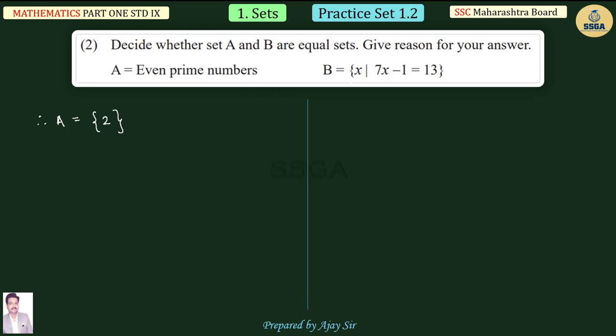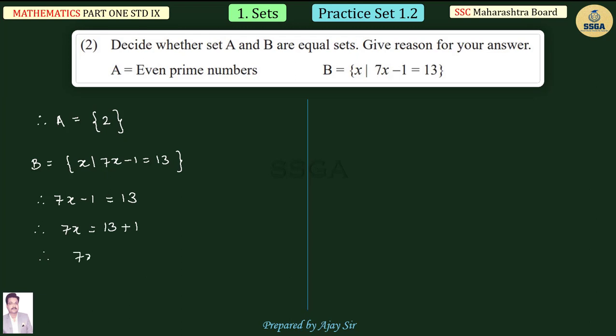Similarly, now let us discuss set B. We write set B as it is: x such that 7x minus 1 is equal to 13. Let us solve this equation. 7x minus 1 equals 13. This minus 1 we shift to the right hand side, so minus converts into plus 1.